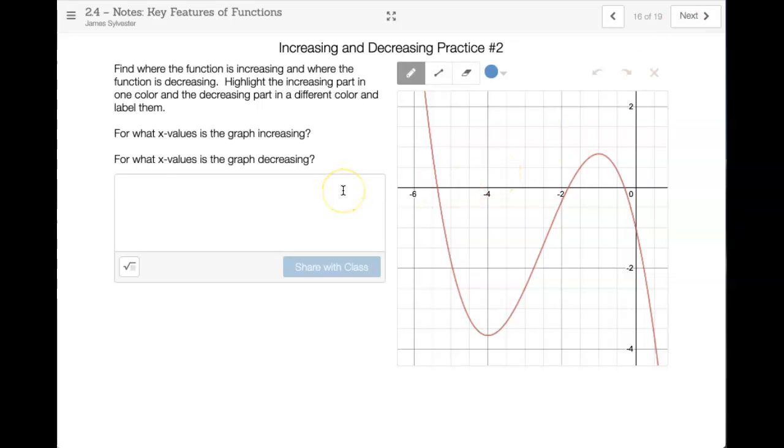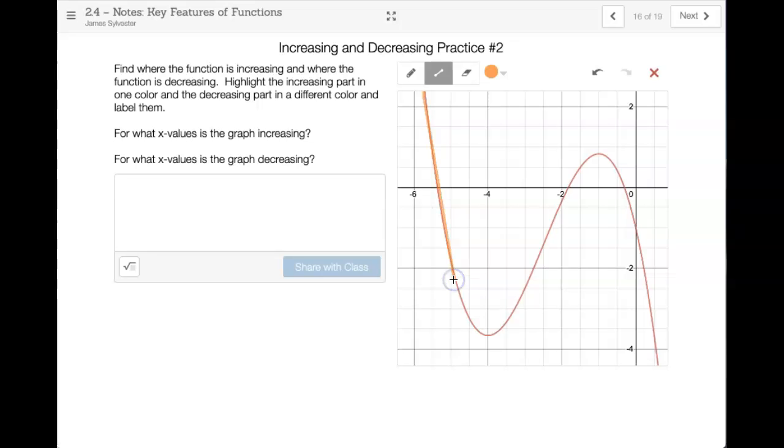This next one is, again, same thing, increasing and decreasing. So I'm going to go ahead and use the drawing tool here and identify that first of all. Remember, you always look at a graph from left to right. So from left to right, this graph is falling, aka decreasing. I think I have the wrong tool here.